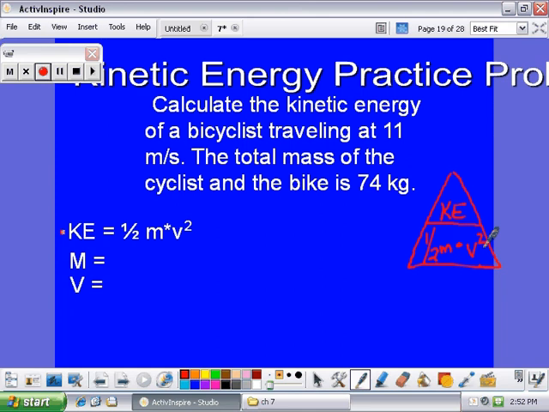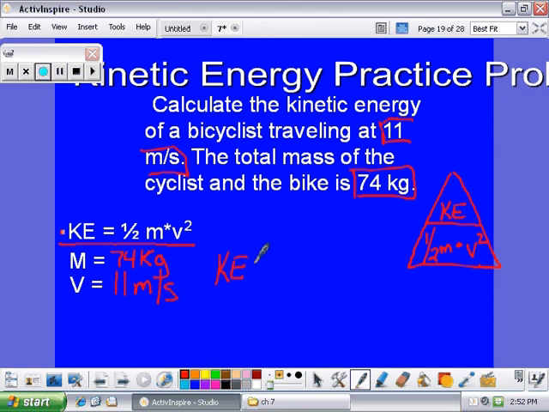So here's our equation written in this manner. Now the mass that they give us is 74 kilograms, so that goes here. And the speed they give us is 11 meters per second, not squared. So we plug that into the equation.